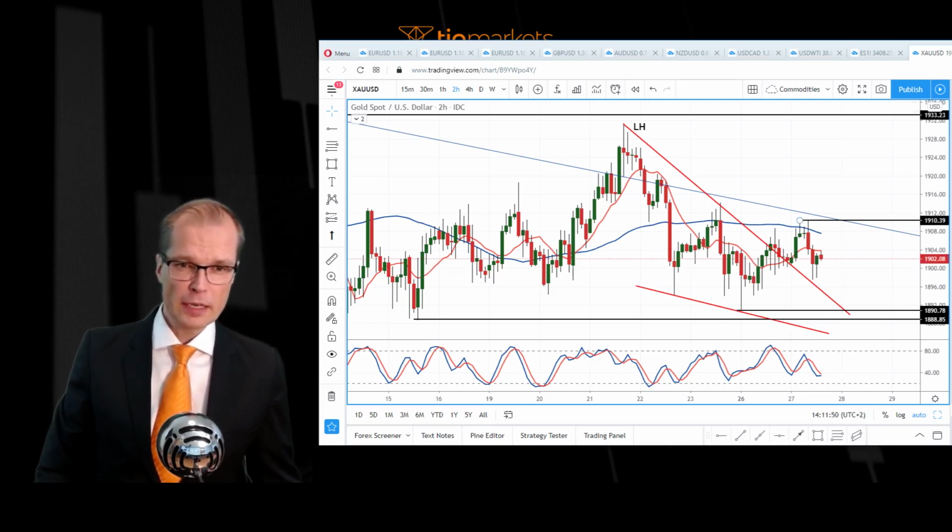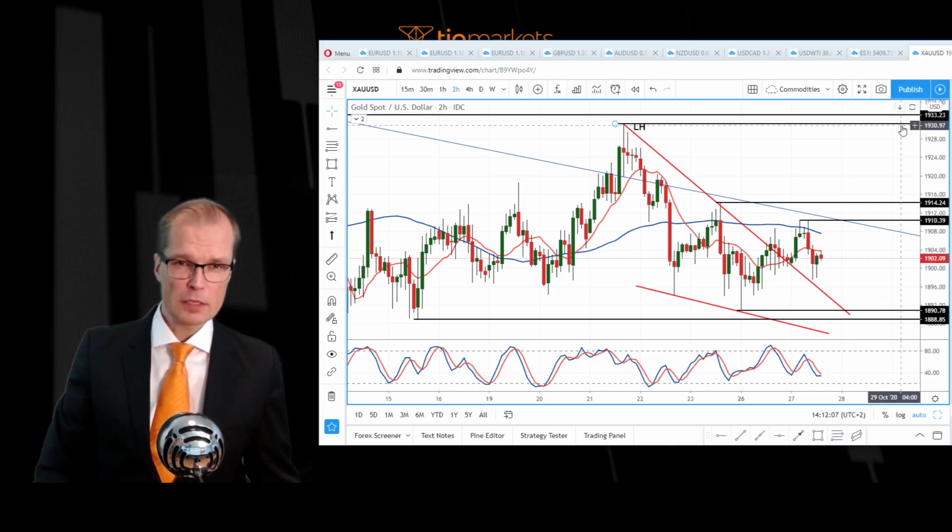So the other key levels very quickly, the resistance at 1910.40 is likely going to be a key area, I think, and after that 1914.24 or so. And then obviously the big one up there at 1931.30, just below another resistance level there.